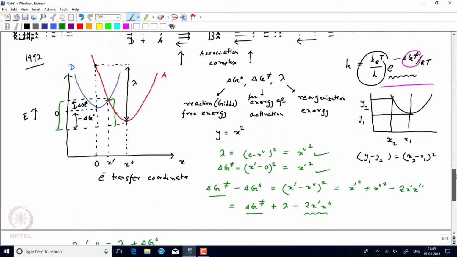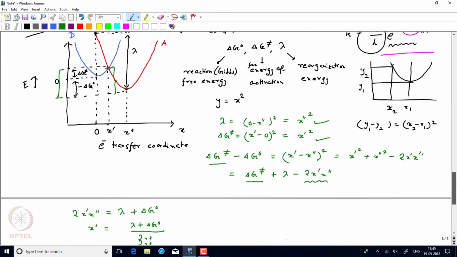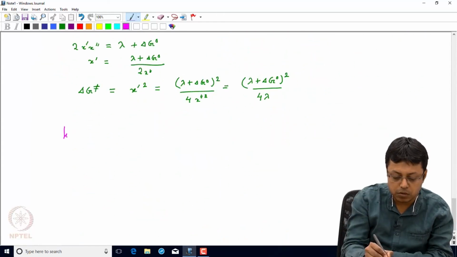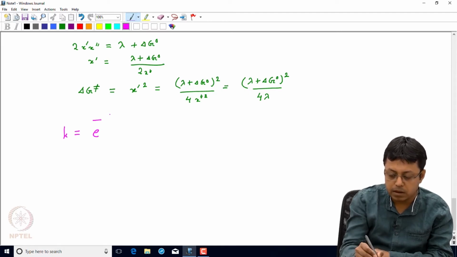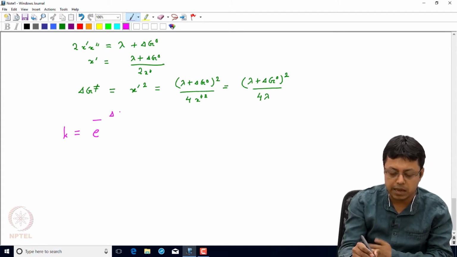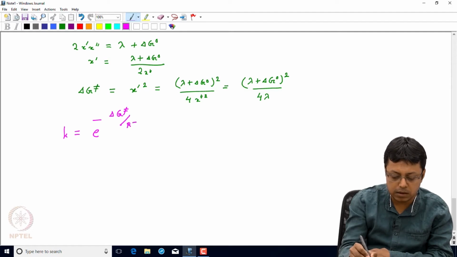So we have already got an expression for delta G dagger. So the expression for the rate constant will be k is e to the power minus delta G dagger by RT, or if I am not talking in terms of 1 mole, I can use the KBT relation also, but let us just use the RT expression with KBT by h prefactor.